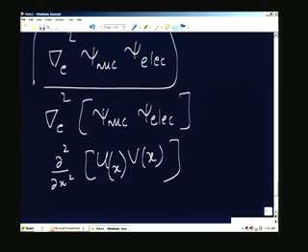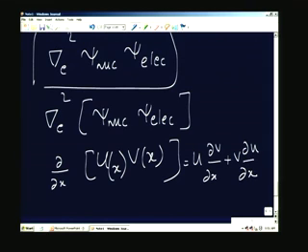What is the derivative? Let's not even do dou square, but let's do just dou by dou x. What is dou by dou x on u x v x? It's going to be u dou v by dou x plus v dou u by dou x. Okay.